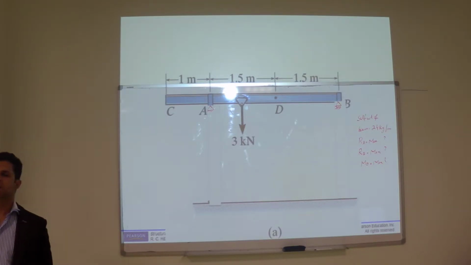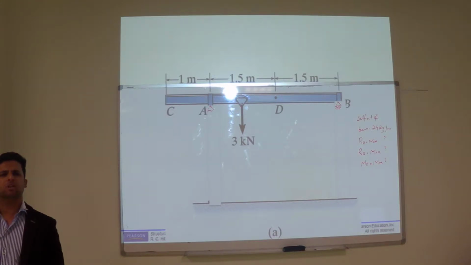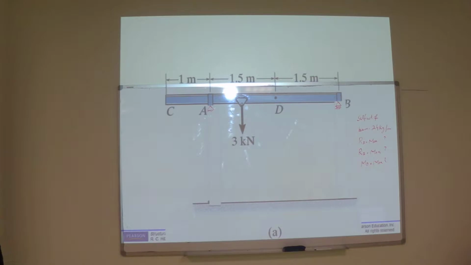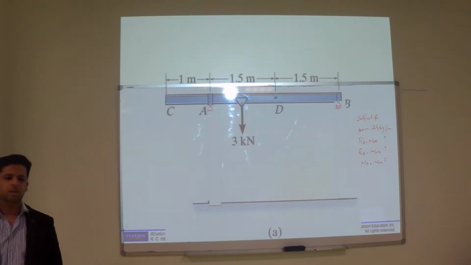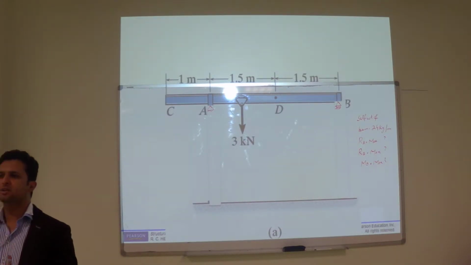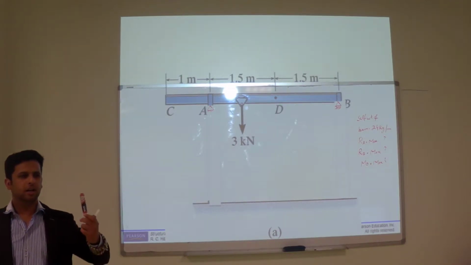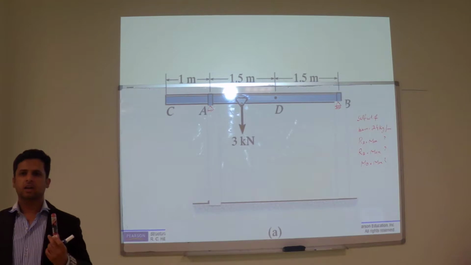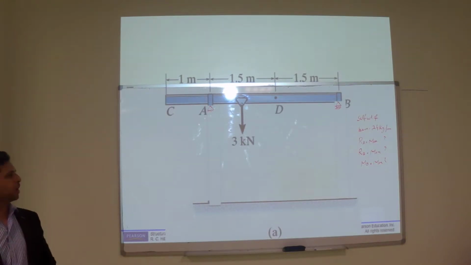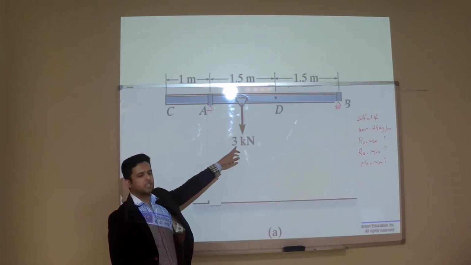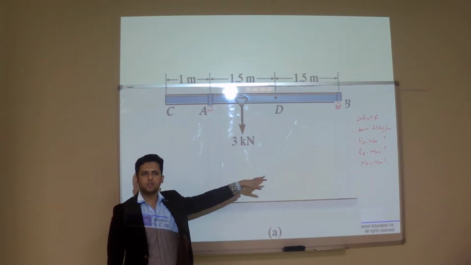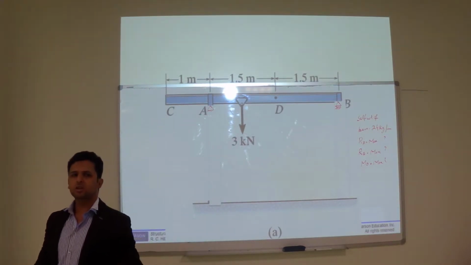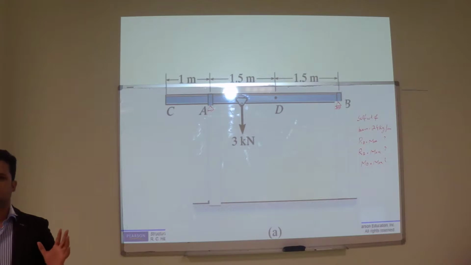So what is the benefit of applying one unit load? If we apply a unit load, we have a diagram for one load. So if we want to get the total effect for any load, how can we do that? We can just multiply the load with the value and we can get the total force. Did you understand?